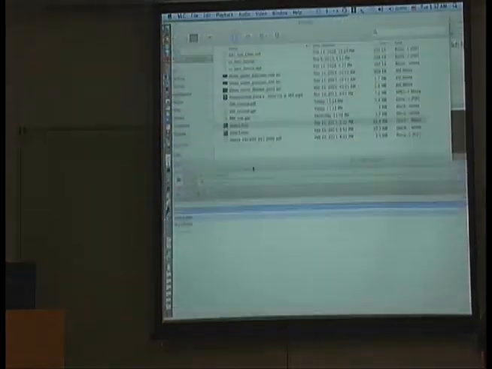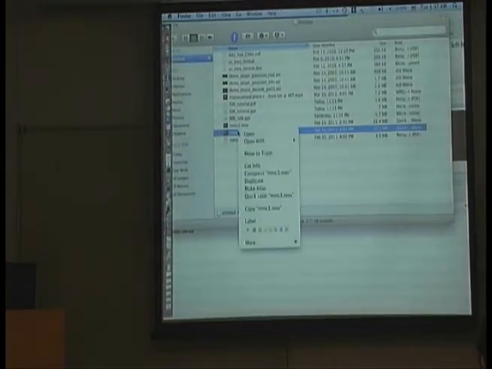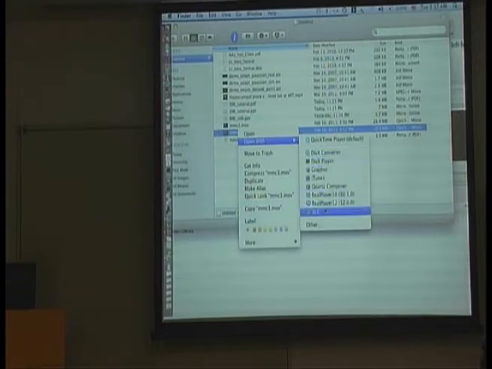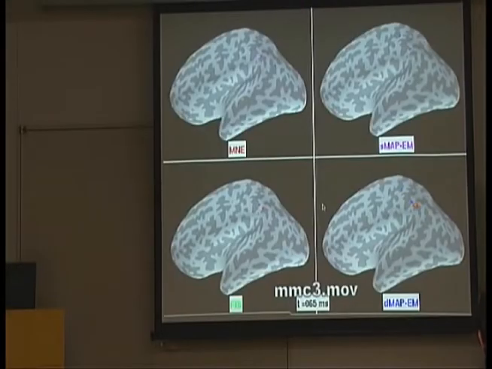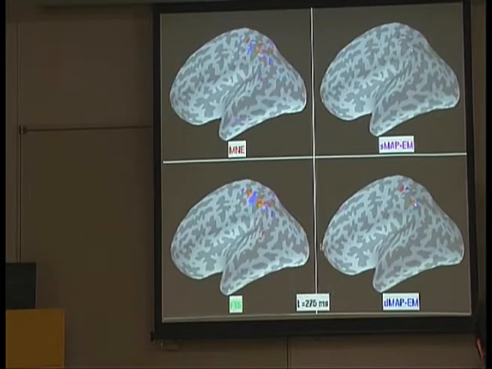Generally, if you don't have a constraint, the solution is all spread out. This is another example, another type of simulation. I think this is real data, so there's no ground truth.